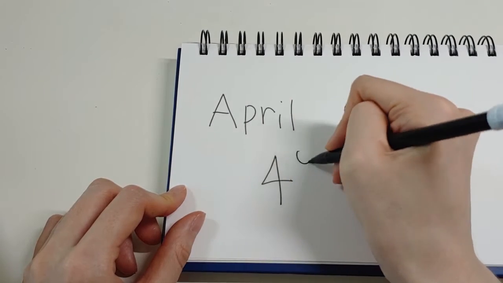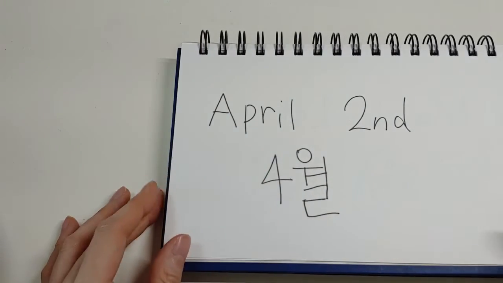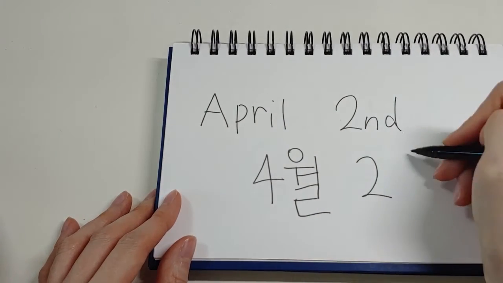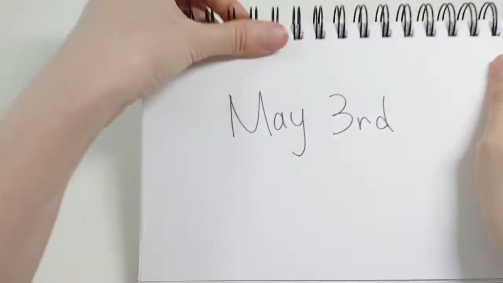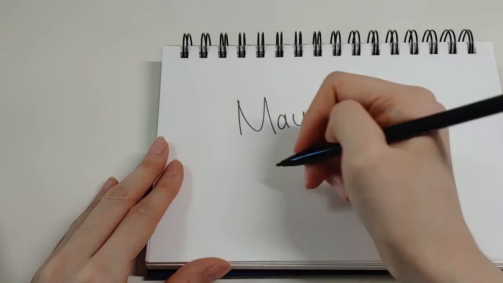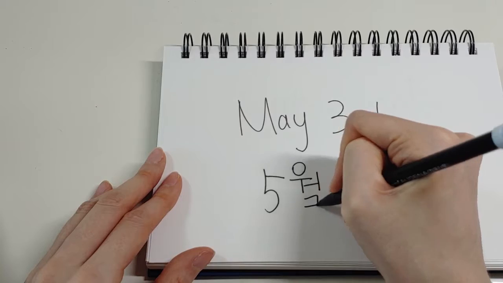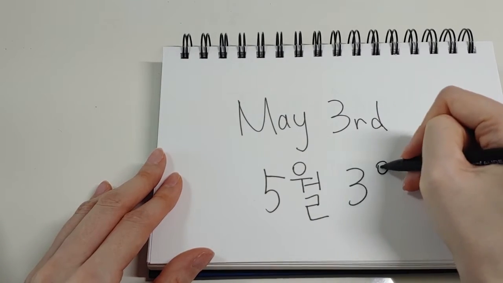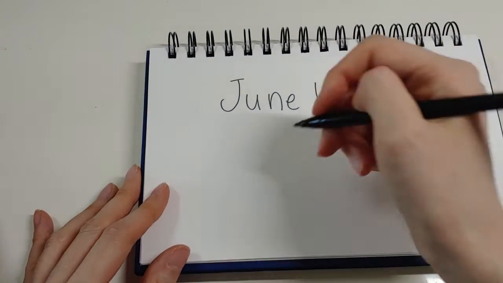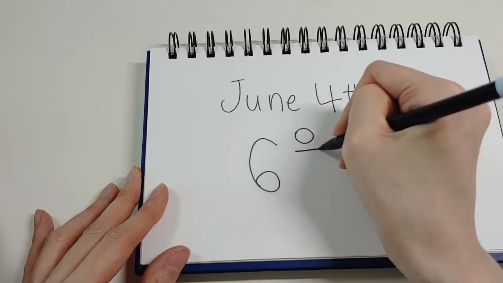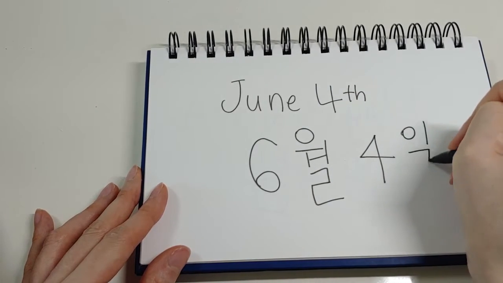For month, it's 4월 because it's the fourth month, and second is 2일. Very simple, right? And how about May 3rd? So for month, it's 5월, right? And for day, it's 3일. June 4th. 6월 4일.